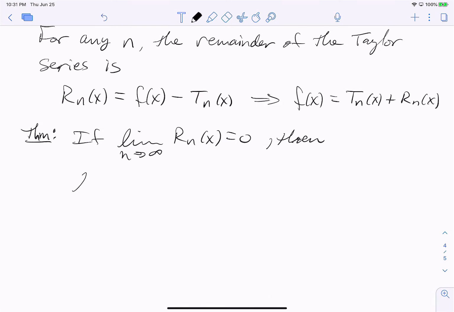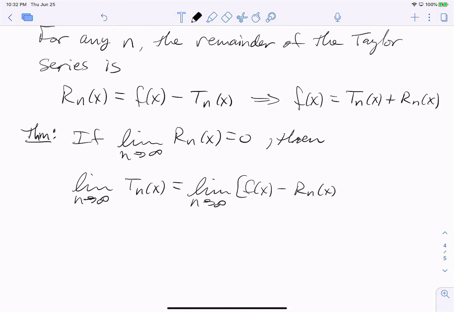Then it will follow that the limit as n approaches infinity of t sub n of x is equal to the limit as n approaches infinity, based on this equation rearranged, of f of x minus r sub n of x, which equals, now look, as n approaches infinity, f of x is unaffected, so this is f of x.